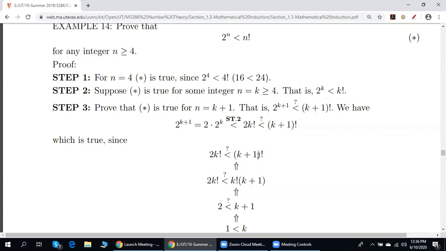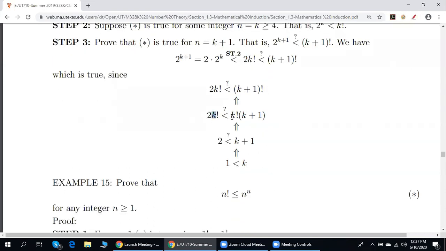K plus 1 factorial is the product of all integers from 1 to k plus 1. Note that the product of all integers from 1 to k plus 1 can be rewritten in the following way. The product of all integers from 1 to k times k plus 1. But the product of all integers from 1 to k is k factorial times k plus 1.